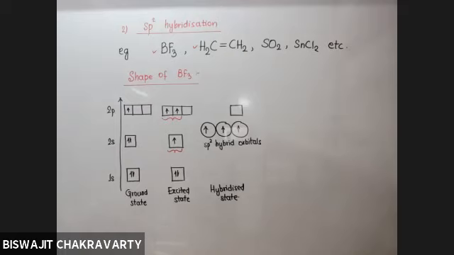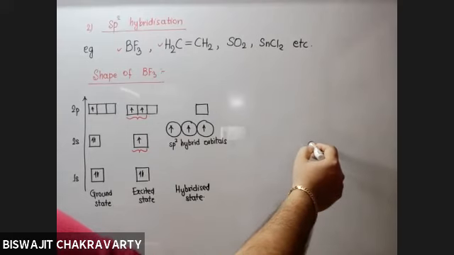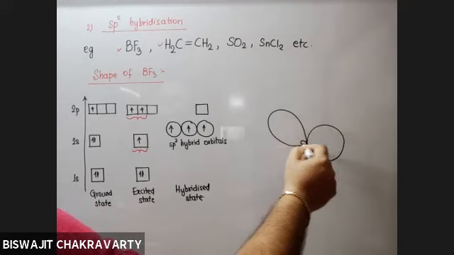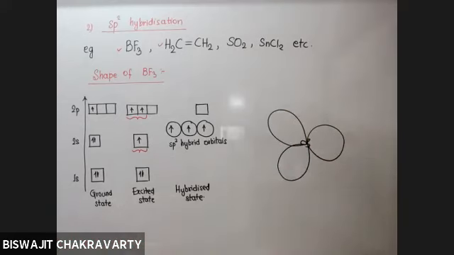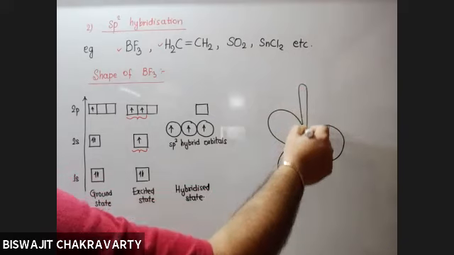And we have just now discussed that anyone who shows sp2 hybridization will acquire a trigonal shape with a bond angle of 120 degree, and it has an unhybridized p orbital.